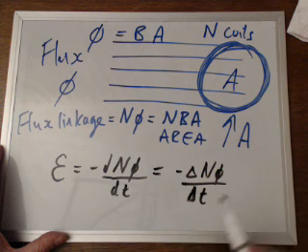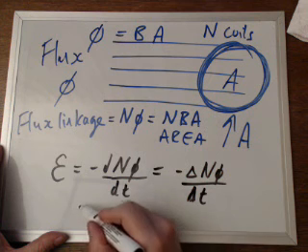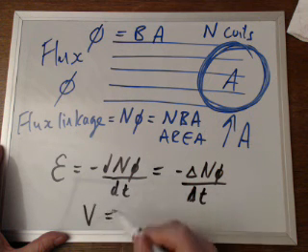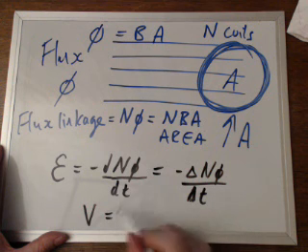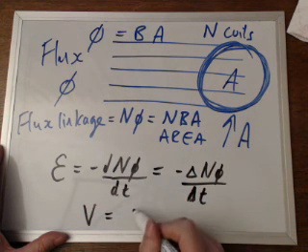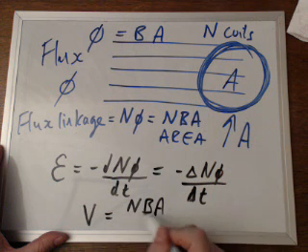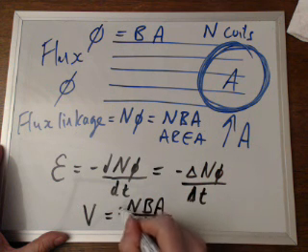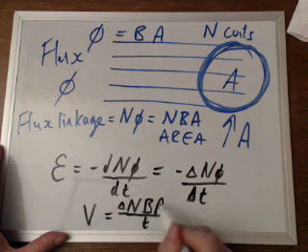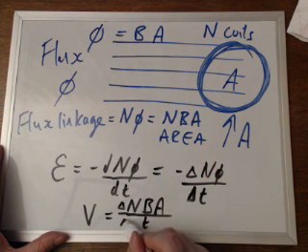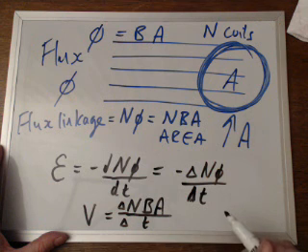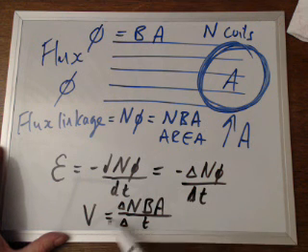And also we can represent it very simply sometimes, the magnitude of the voltage induced, we'll forget about the negative for simplicity, is equal to the number of turns times the magnetic field strength times the area divided by time, and we can put in front of it a change in any one of those divided by the change in time. Time is always changing, and that's how we can also express that.